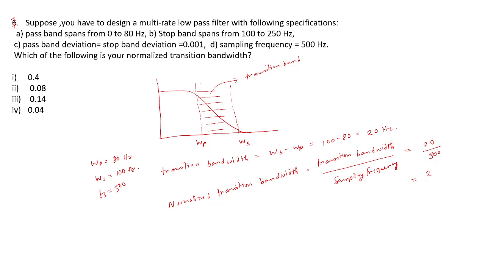Therefore we obtain 2 by 50, which is 0.04. Therefore the fourth option is the correct one.